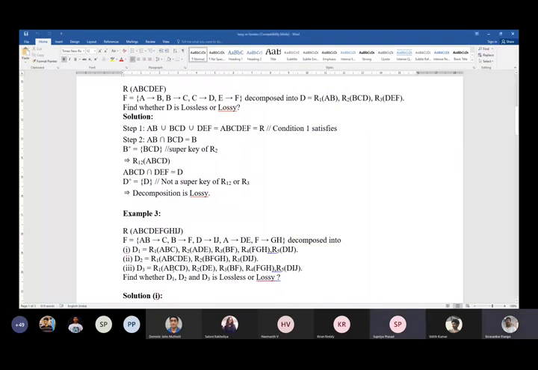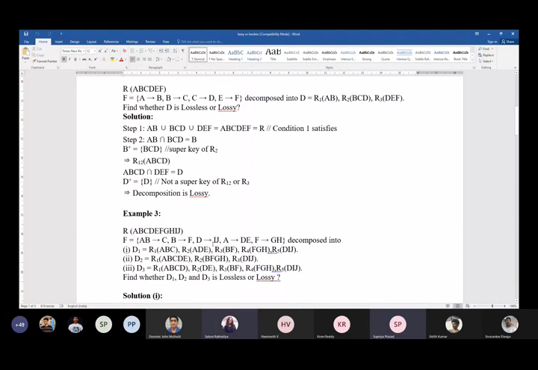The union of the fragmented relations gives you back the original relation: A, B, C, D, union D, E, union B, F, union F, G, H. And what about the second condition? If we do R1 intersection R2, it will be D, and then the closure of D plus, that is, it will be DIJ. And it is not a super key of R1, R2, so lossy.